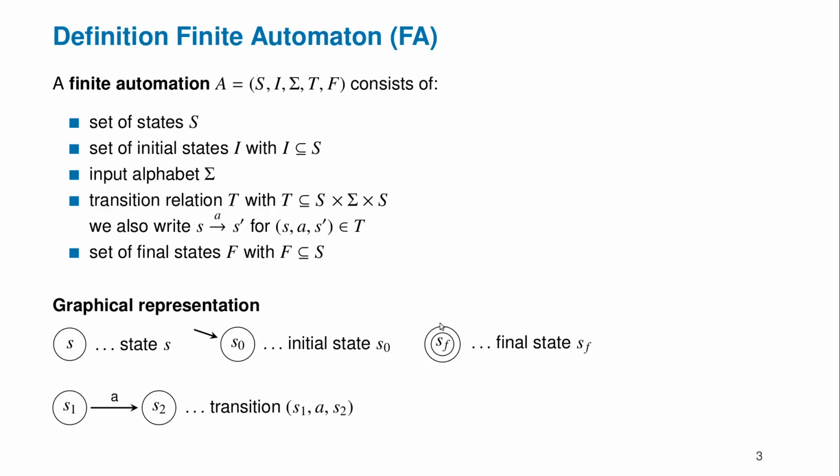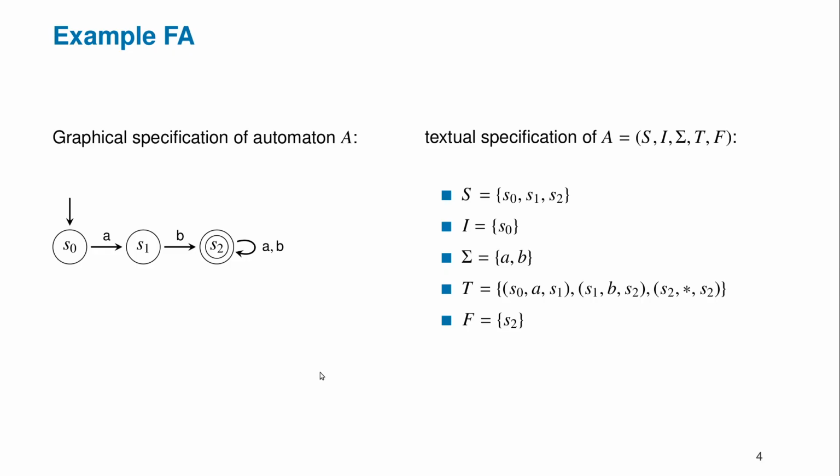Then final states are denoted by a double circle, and transitions are simply the two states and their connection, and the connection is an arrow with the direction and the label. So we have a transition from S1 to S2 that is labeled with an A. So this is how a finite automaton can graphically be represented.